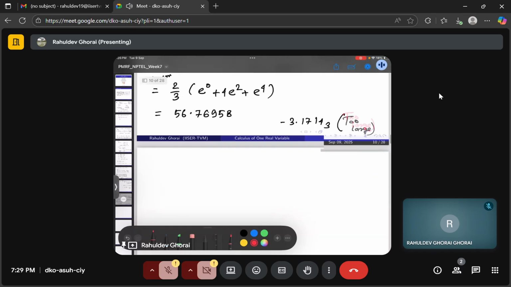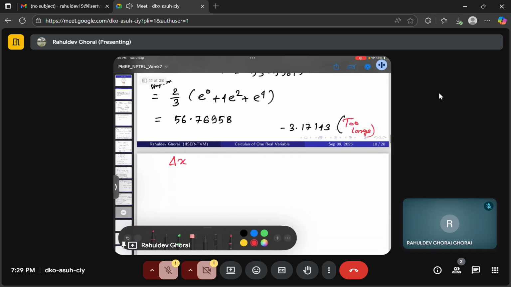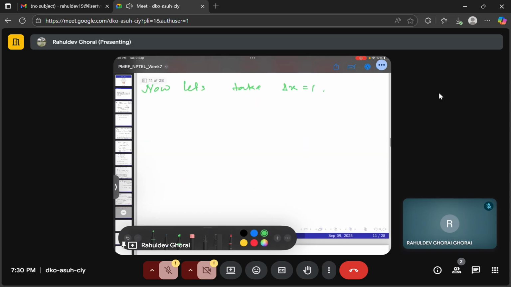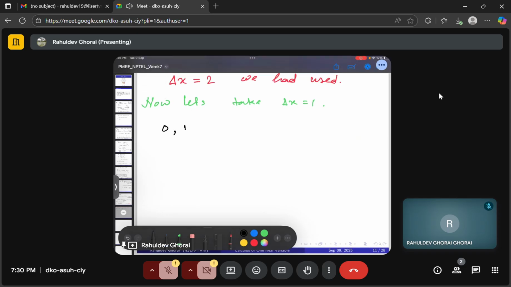Because what have we used here? We had used del x equal to 2. Now let's take del x equal to 1. When del x equals 1, the first point is 0 and then 1, and you can go up to 2, and these are two intervals.